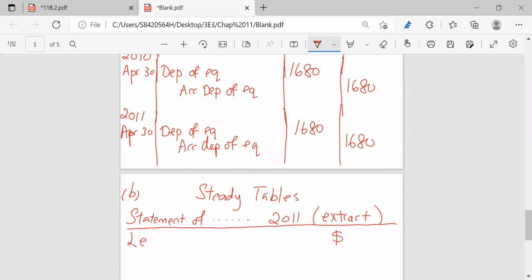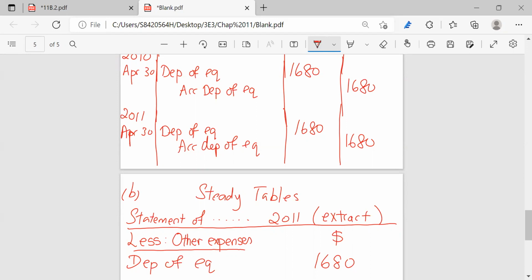The expense that we are talking about, of course, is your depreciation expense. When you read the title, the statement is for the year ended 30th April 2011.